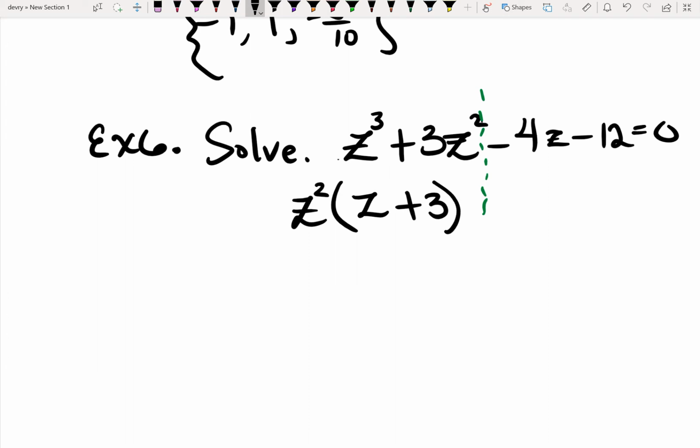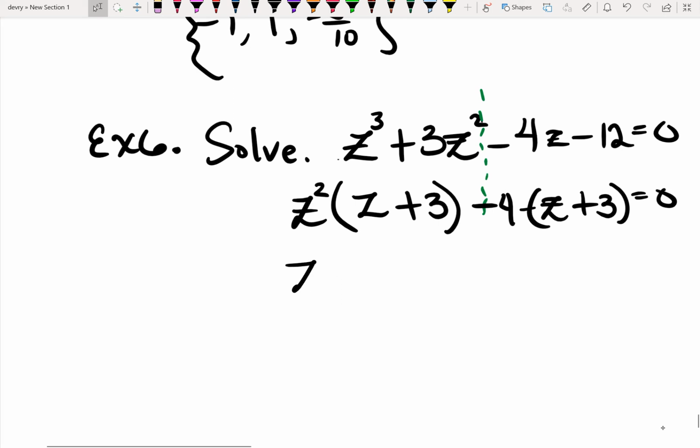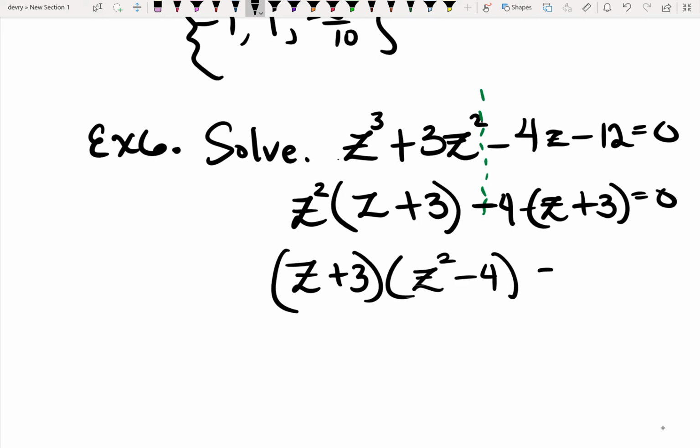Looking on the opposite side, if I take out a -4, I can use that z plus 3 again. And remember, this is equal to 0. So this gives you z plus 3, and this becomes z squared minus 4, and all of that equal to 0.